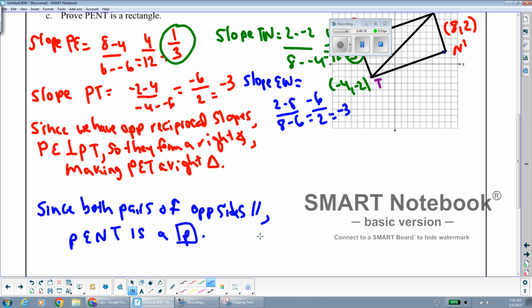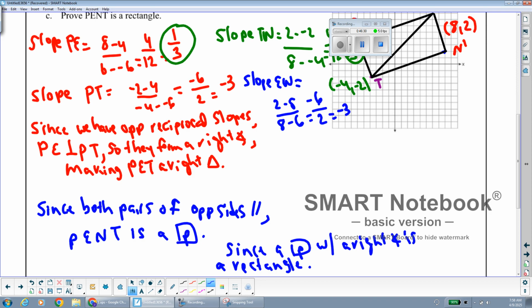We already showed that there's a right angle in part A. Since a parallelogram with a right angle is a rectangle, PENT is a rectangle. And there we go.